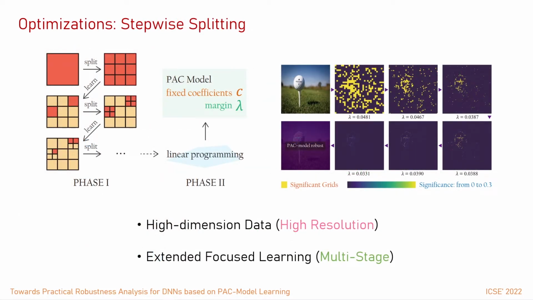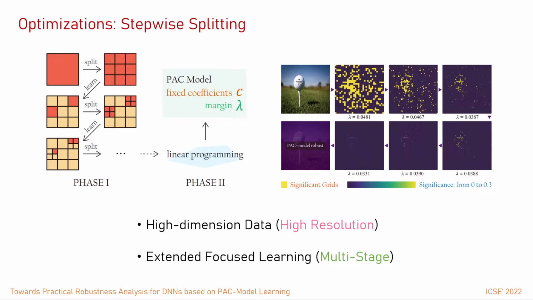When the dimension of the input further scales, we extend the one-step focused learning to a multi-step one called stepwise splitting. The stepwise splitting will split the image into grids and run a coarse model on these grids to identify the significant ones.